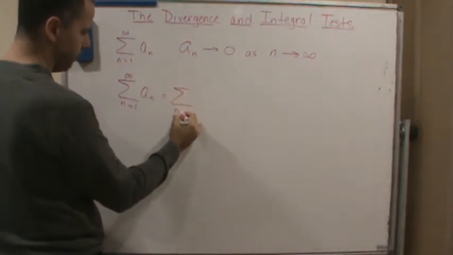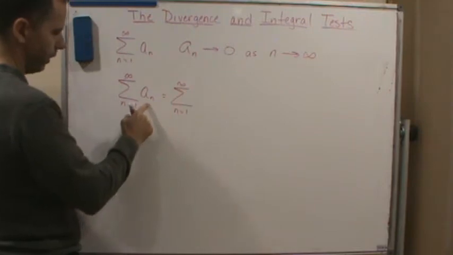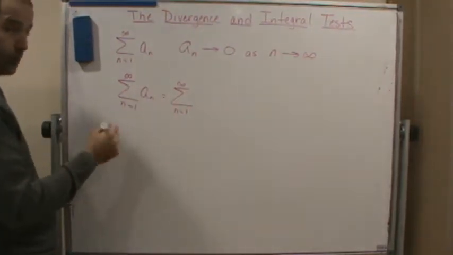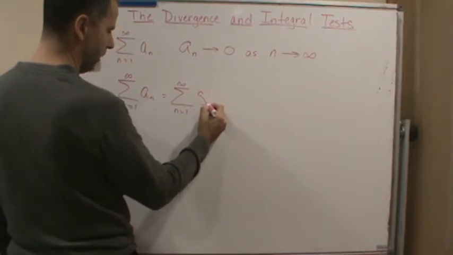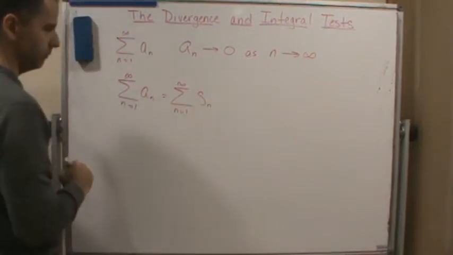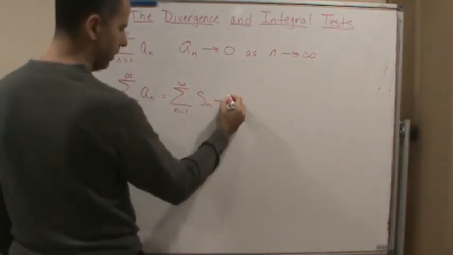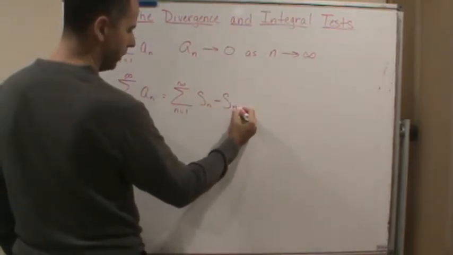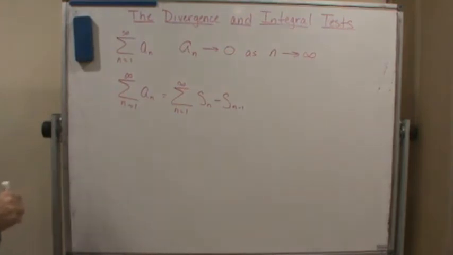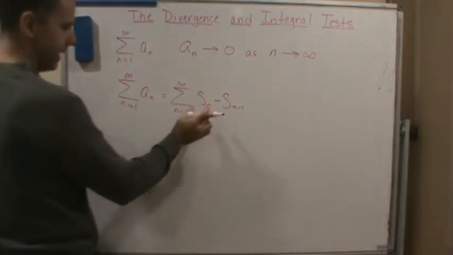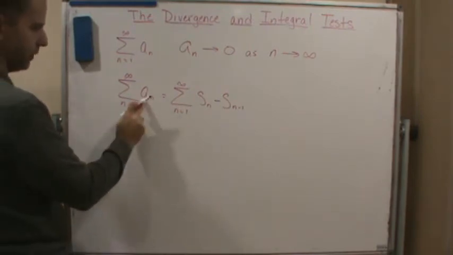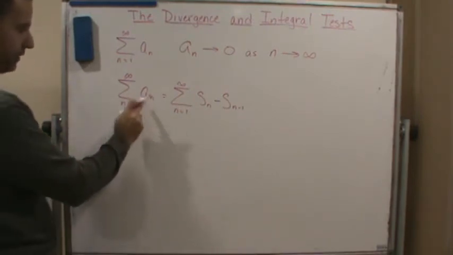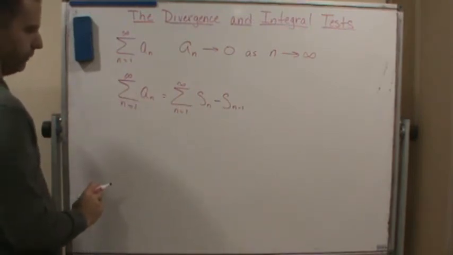The infinite sum of what? Well, how do we represent a sub n? Well, we can represent a sub n by taking s of n minus the partial sum right before it. So if we take s of n minus s sub n minus 1, that will give us the last term, the nth term, right?